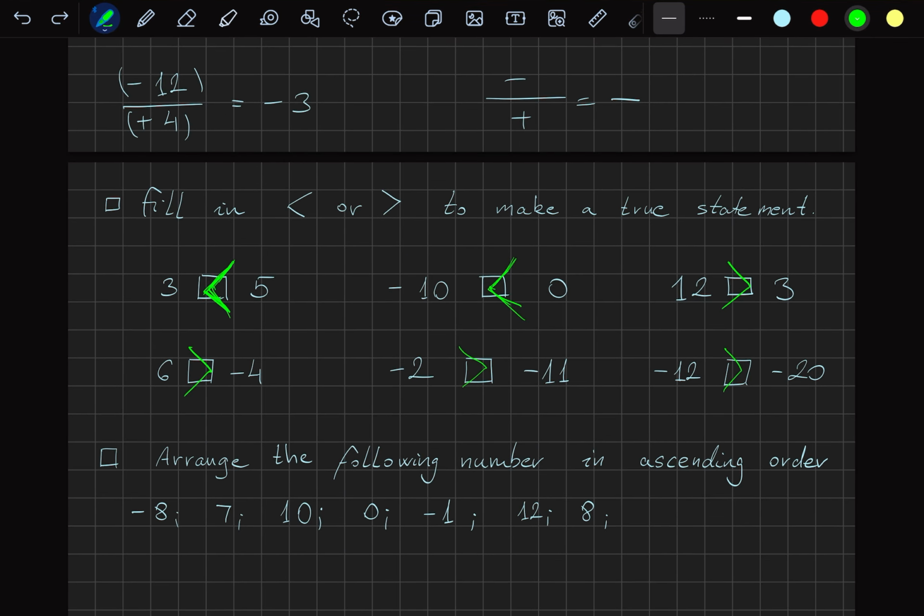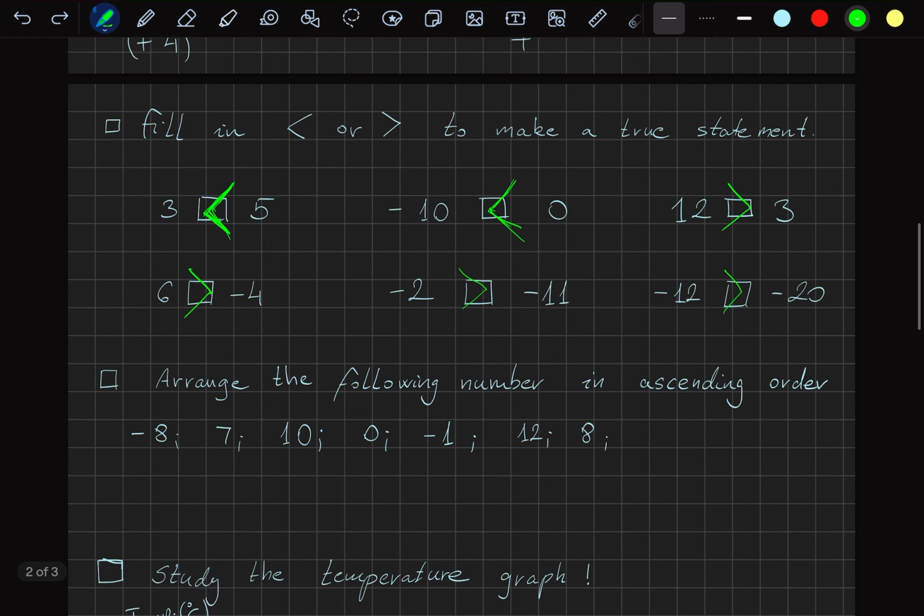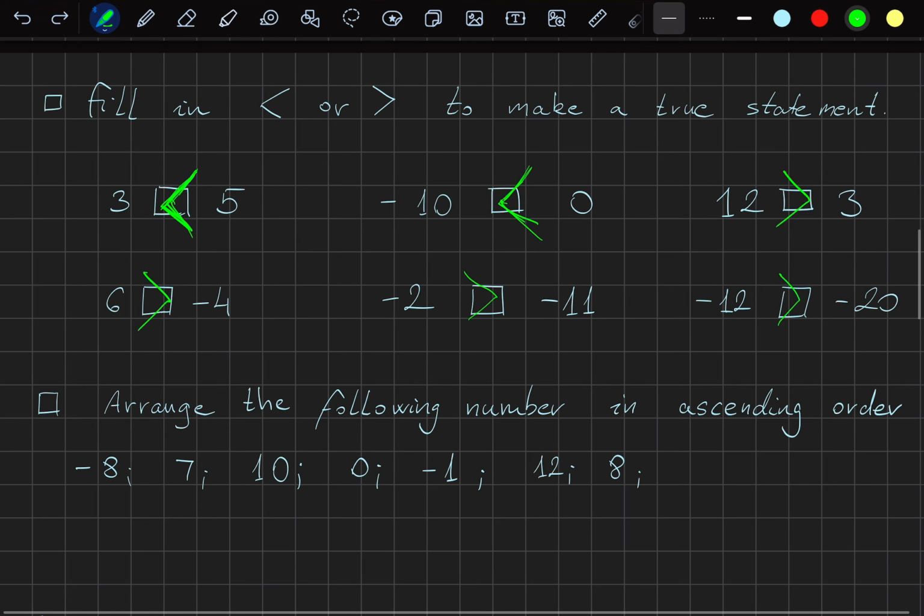Arrange the following numbers in ascending order, so from the lowest to the highest. I will use the same green. To me, the easiest way is to just go through the numbers: minus 8, 7, 10, 0, minus 1, 12, and 8. This will be the lowest, minus 8. Then minus 1, and I just cross them out. Then 0.